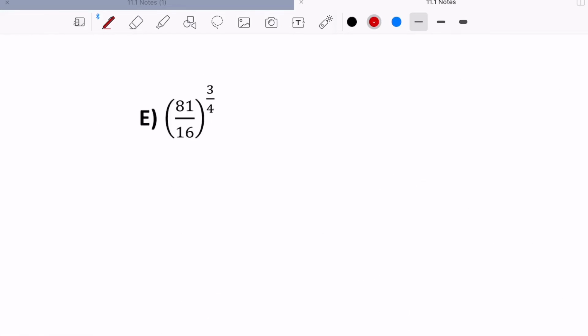So looking at E, we have 81/16, so this is already a fraction, raised to the power of another fraction, 3/4. So let's take this one step by step, okay? Remember, we are working with two different fractions. Keep in mind your properties and your order of operations.